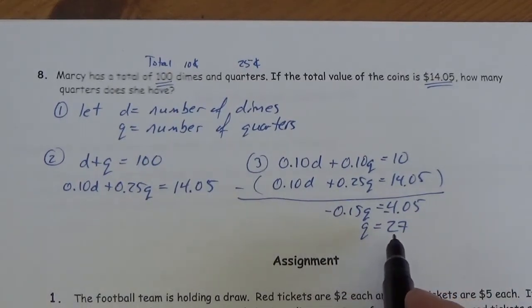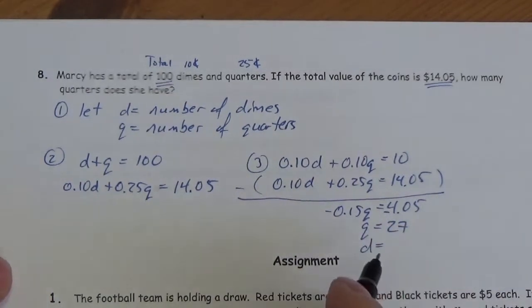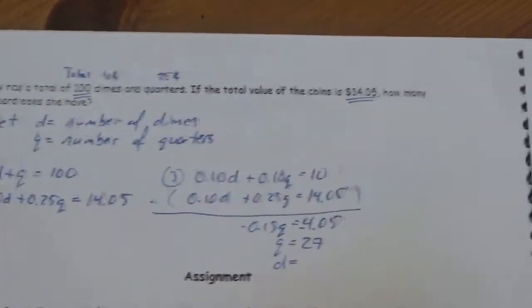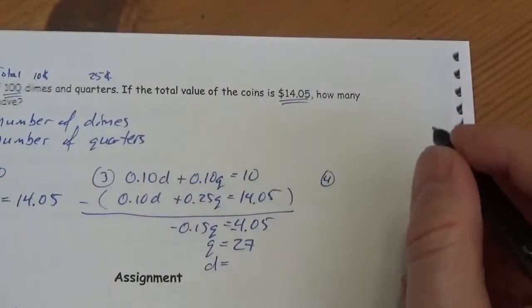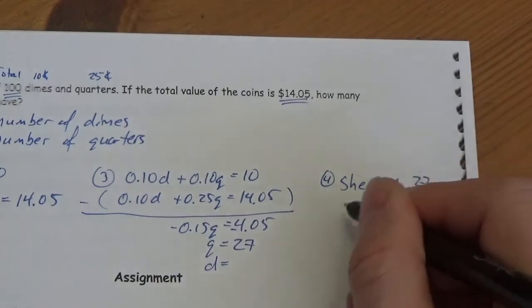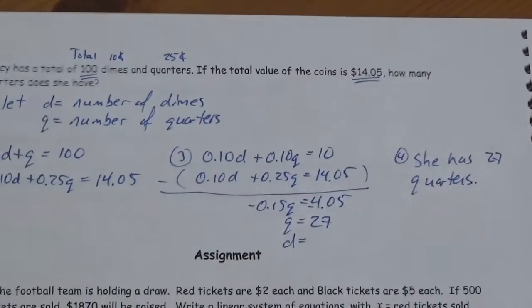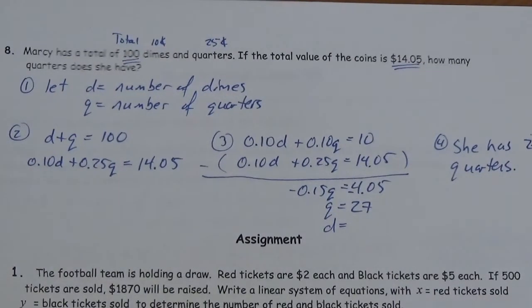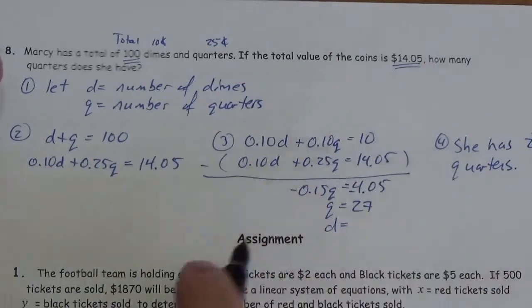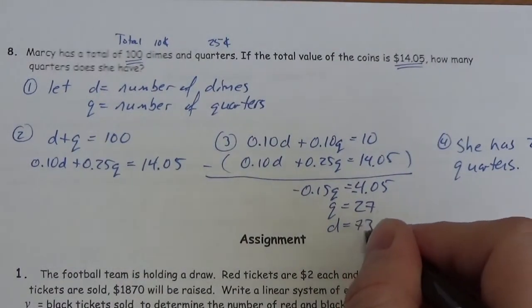Now, I do want to figure out how many dimes I've got, only as a check. I can jump up here and say, okay, she has 27 quarters. Yeah, and I'm really confident that's true, but I'm not 100% sure until I go through and figure out, okay, if I look back up here at this relationship, that means she would have 73 dimes.